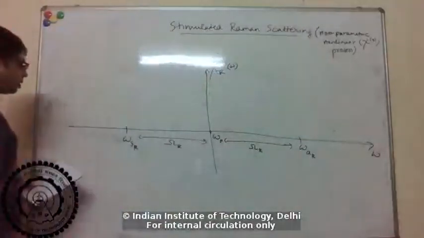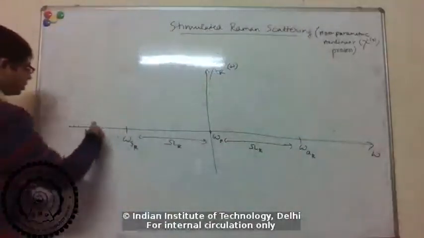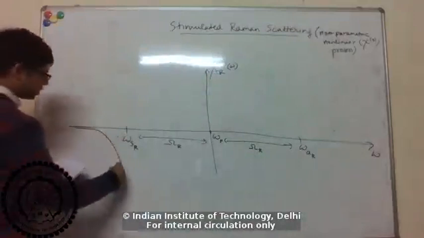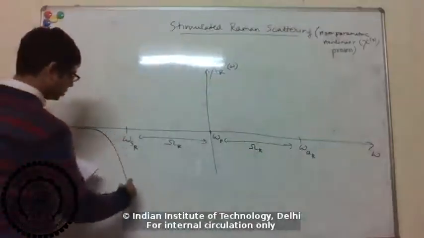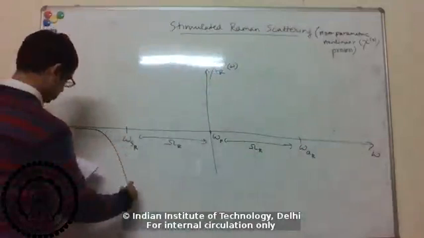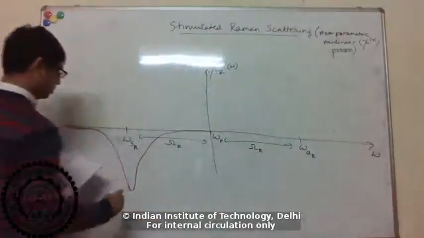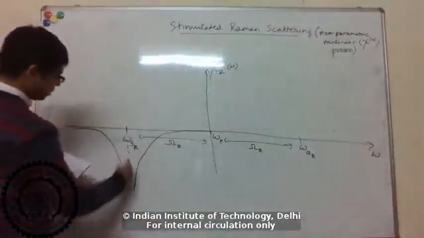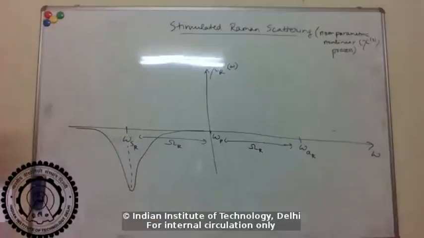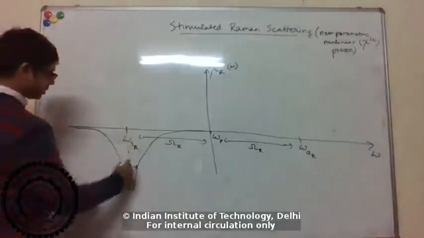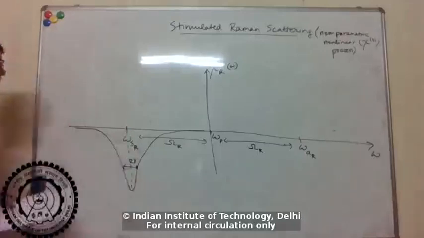Right, so the imaginary part, how does it look? So for Stokes, it was negative. Right, so it looks like this. Right, so the peak occurs at the Stokes resonance frequency, and the width is proportional to this gamma.